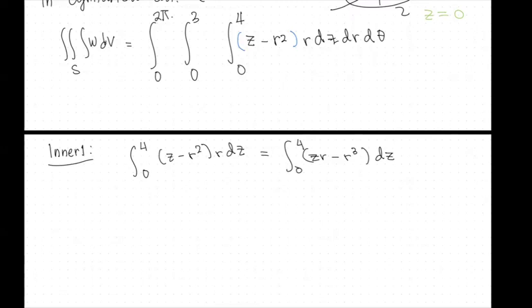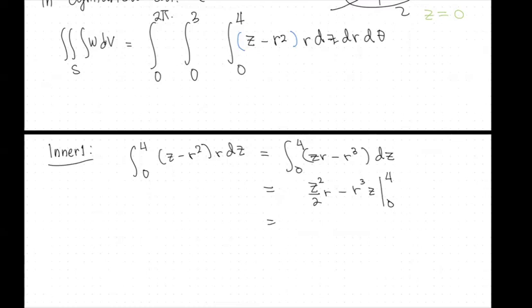Okay, let's evaluate. We treat r as constant. So we have z squared over 2 times r minus r cubed times z, and then we evaluate 0 to 4. We are evaluating on z.